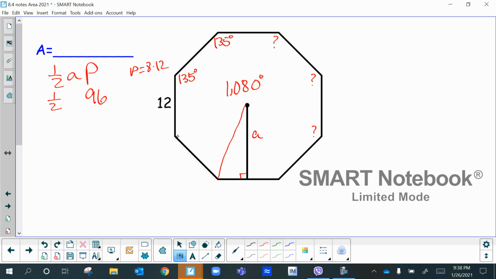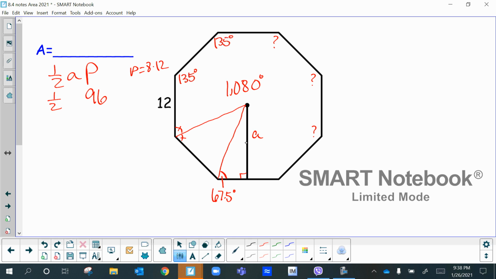So let me also explain to you that every time a radius is drawn to the vertex, it's going to bisect. So if this is all 135, what you want to do is take 135 and divide it by 2. So this angle right here, which is what we need, is 67.5 degrees. Why do we need that? Because we need that to solve for the apothem.